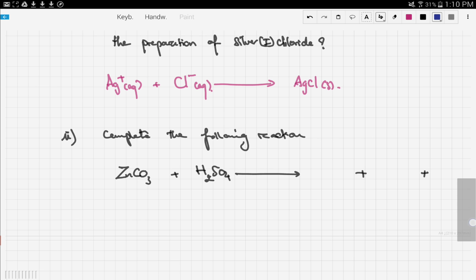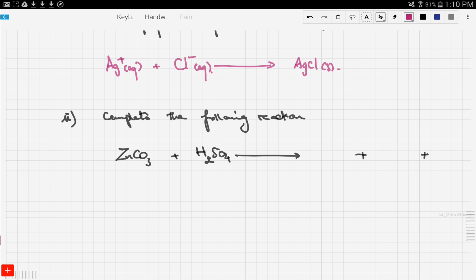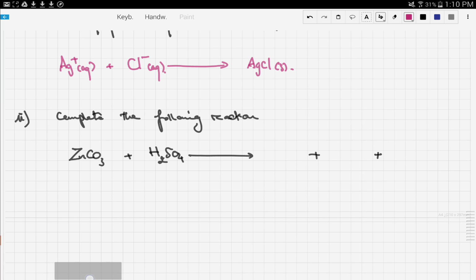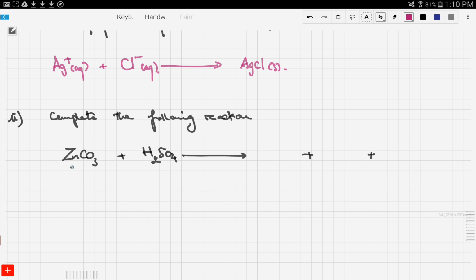Now let's move on to the last part of the question, and it says complete the following reaction, which is the reaction between zinc carbonate and sulfuric acid, and this is a base, this is an acid, and the products we expect are a salt, water, and because we have carbonate, we expect carbon dioxide gas.